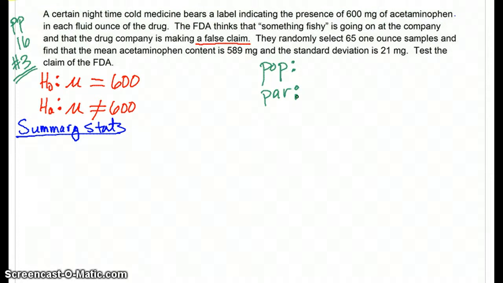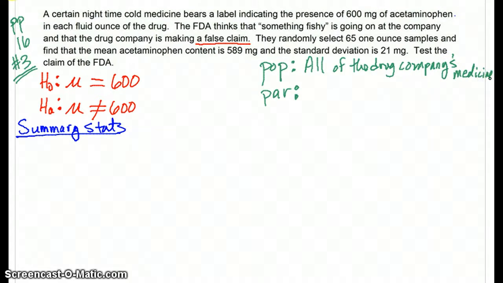So if we're looking at the population, it's all of the drug company's medicine, whatever kind of medicine we're talking about.